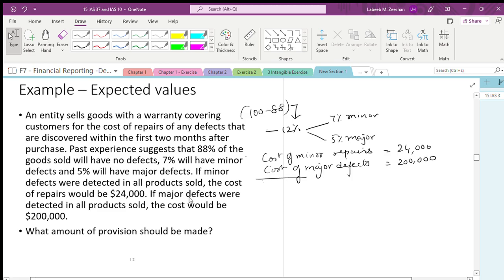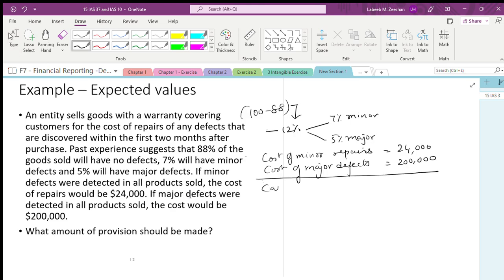What is the provision we have to make? Simple calculation. Is it a 1 minute? Solution: calculation of provision.